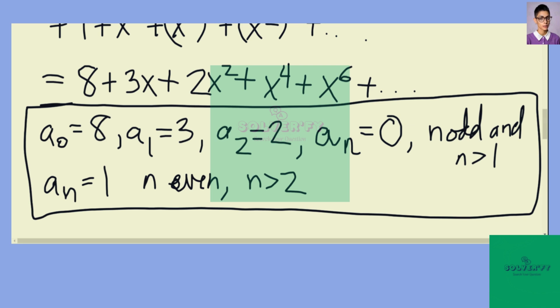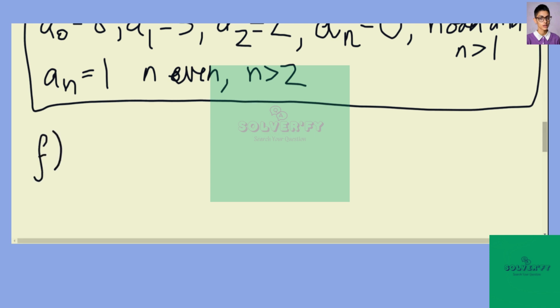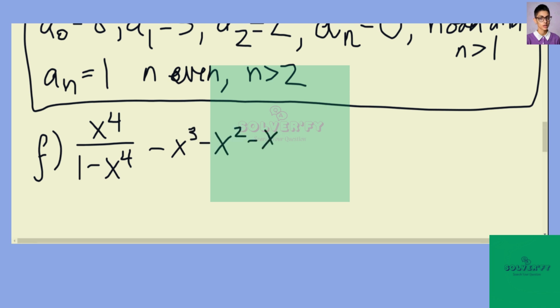In part F, we are given the generating function x to the 4th over 1 minus x to the 4th minus x cubed minus x squared minus x minus 1.